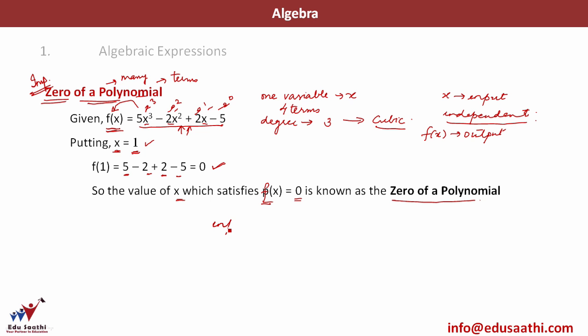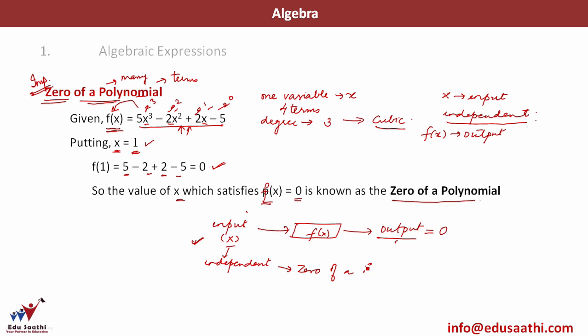For an input value of x, the expression is computed and the output is equal to 0. Such an input will be known as a zero of a polynomial. It is also known as root. So zero of a polynomial and root of a polynomial are the same thing.